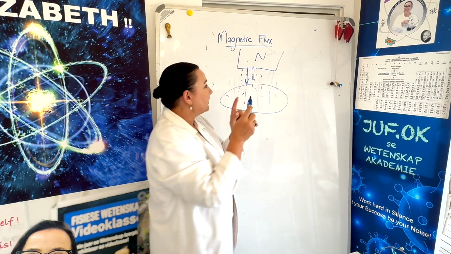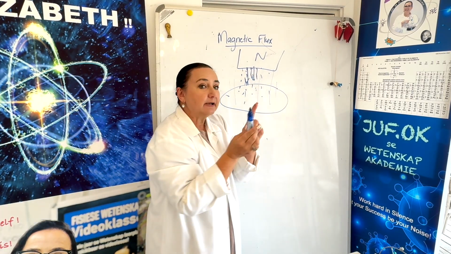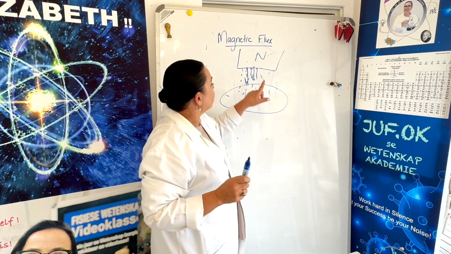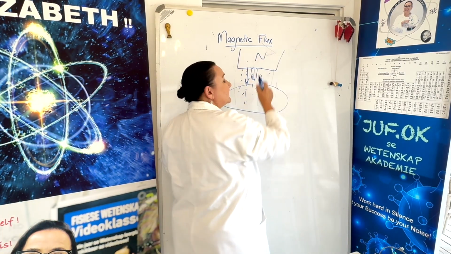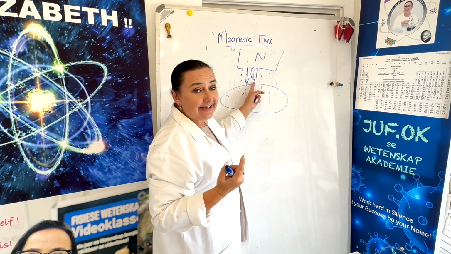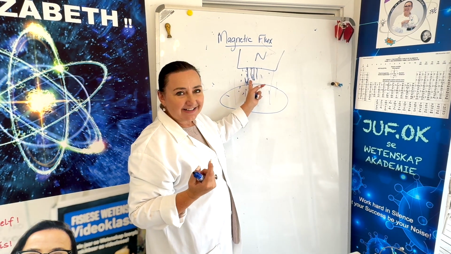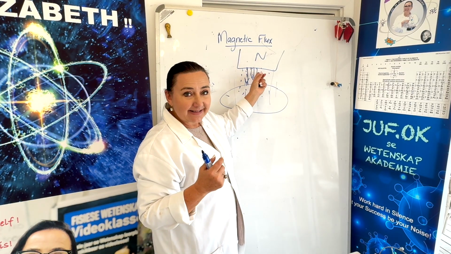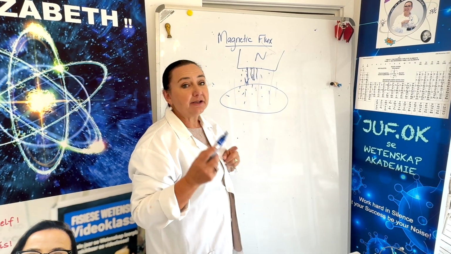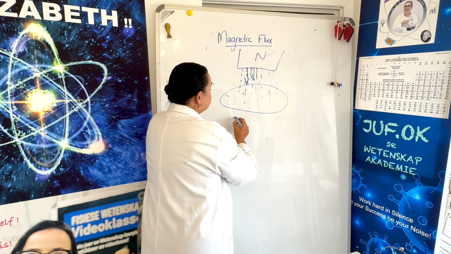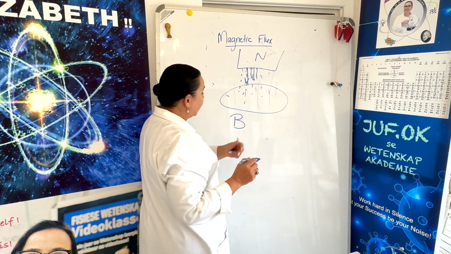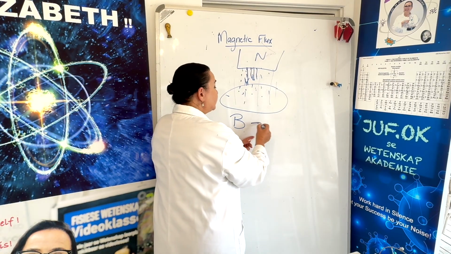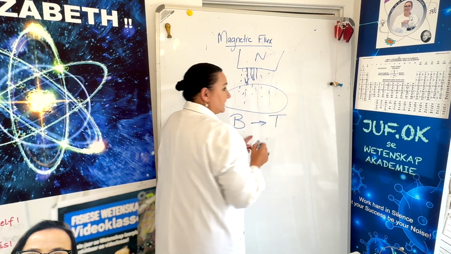Now the closer my field lines, and you know that the field lines are closest at the north pole and at the south pole. So there are my field lines, the density of my magnetic flux is going to be the highest. Now we're going to say the density of my magnetic flux, and we're going to use a capital B, and we're going to measure that in Tesla.